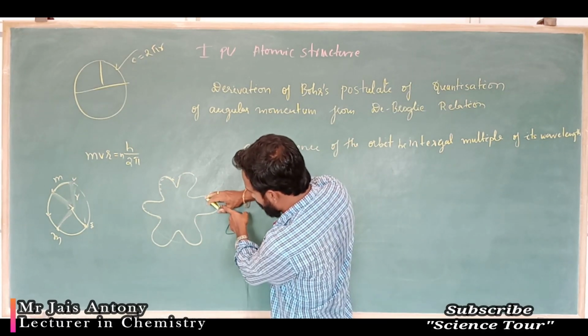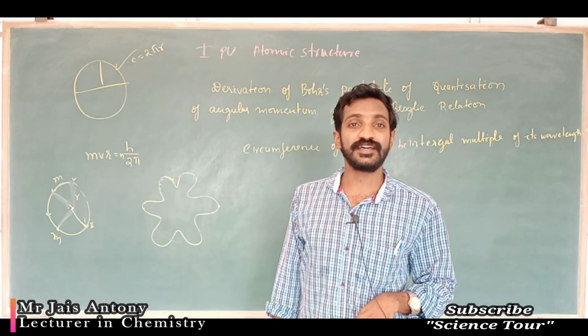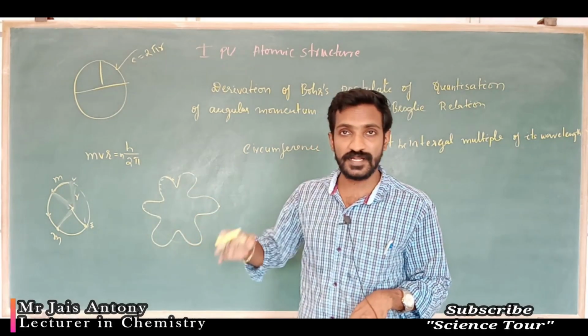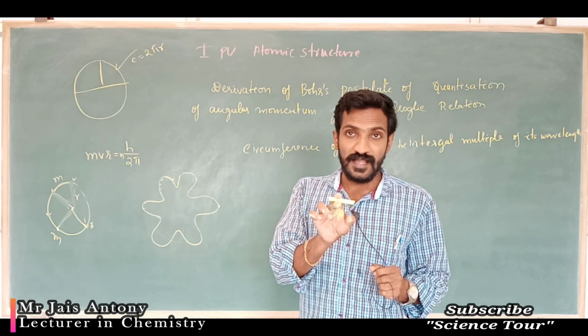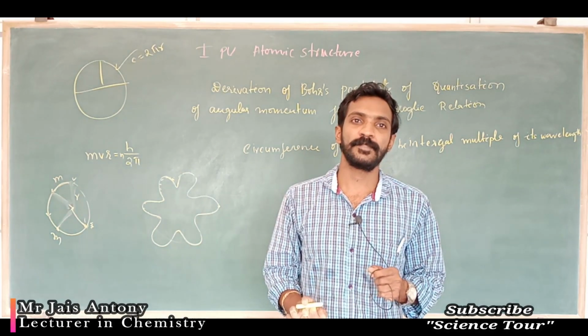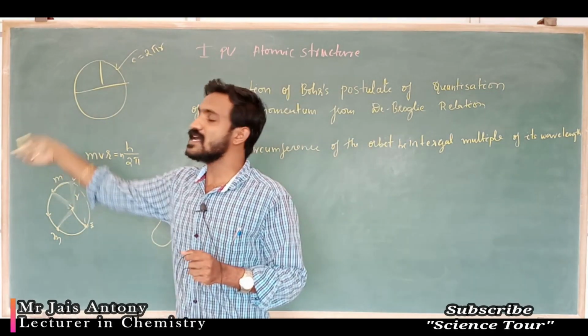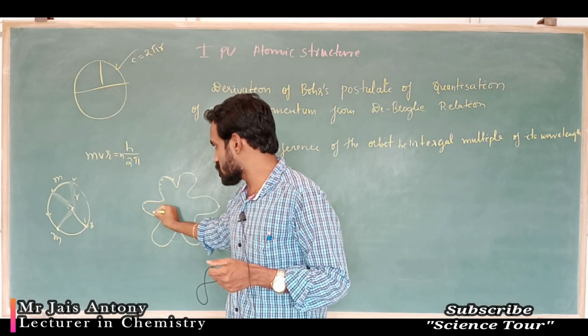At this point the electron looks like a particle. Can you see this movement? No. When it is visible, at that point it looks like a particle. When it moves, it moves like a wave. So while moving, which one forms?